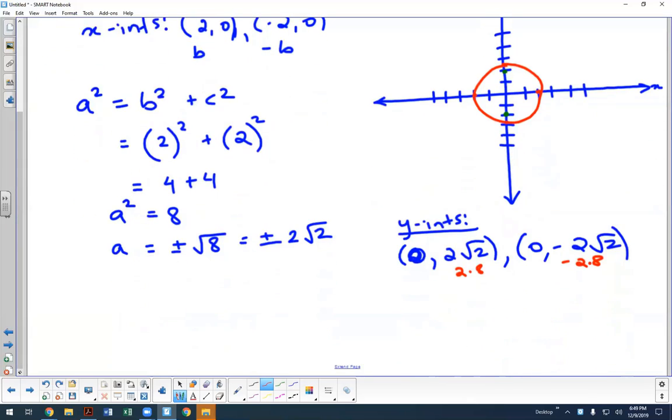Okay, now for the equation. So this is a vertical major axis. So remember, the larger denominator will now be under y. So that means a squared goes under y squared, and b squared goes under x squared.